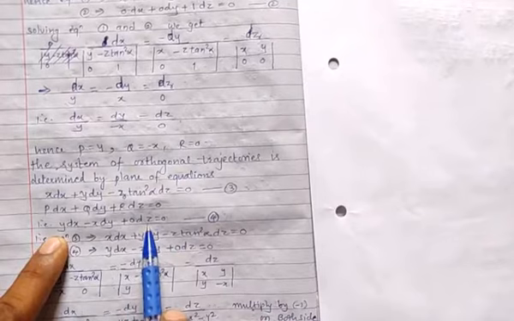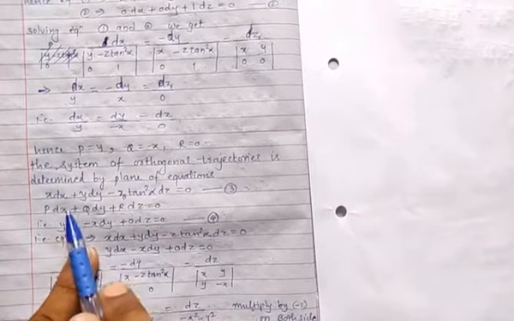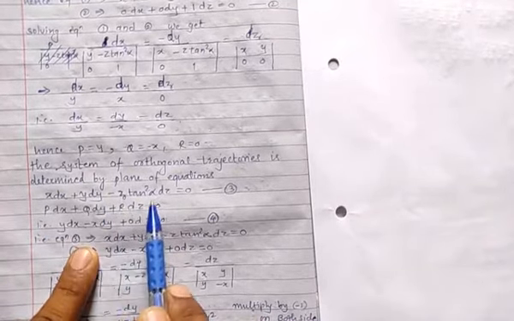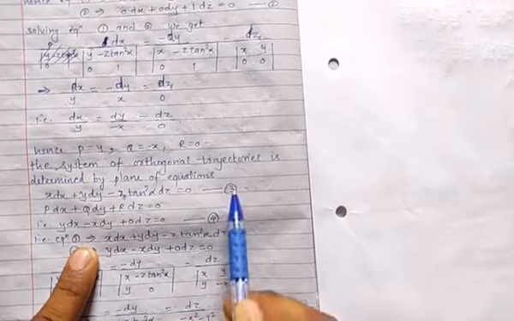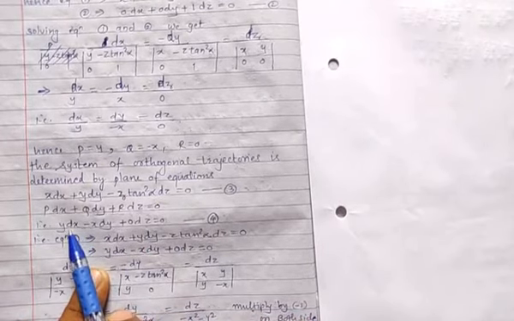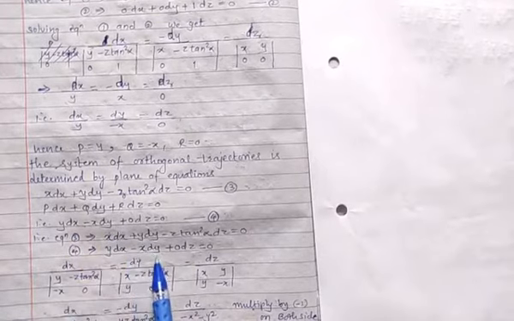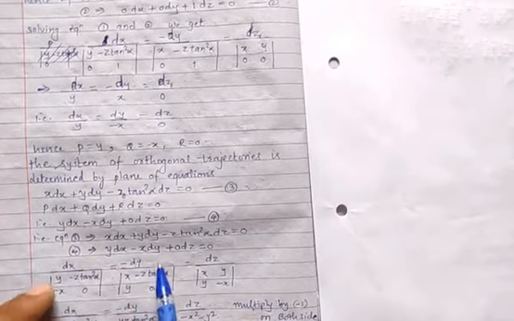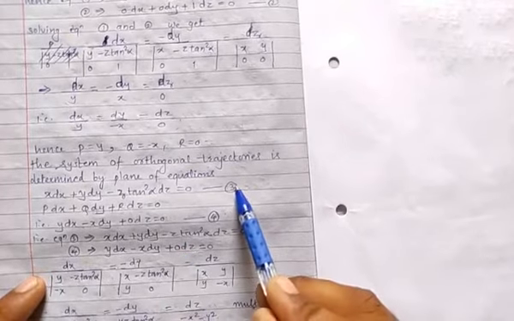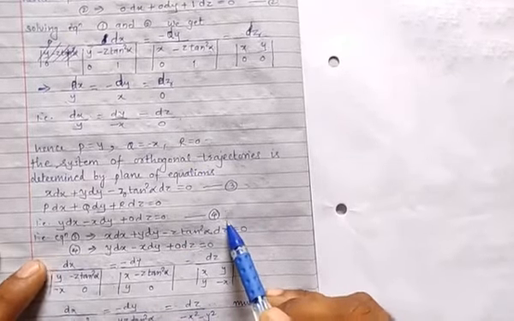Substituting, we get two equations: x dx plus y dy minus z tan square alpha dz is equal to 0, the third equation, and the fourth equation is y dx minus x dy plus 0 dz is equal to 0. Solving these equations 3 and 4 by using Cramer's rule.